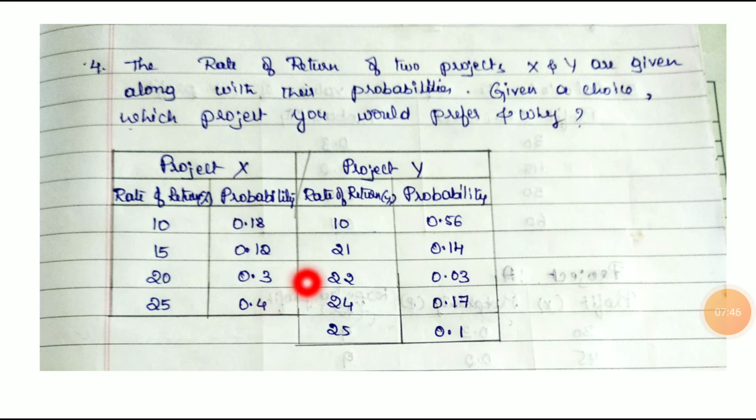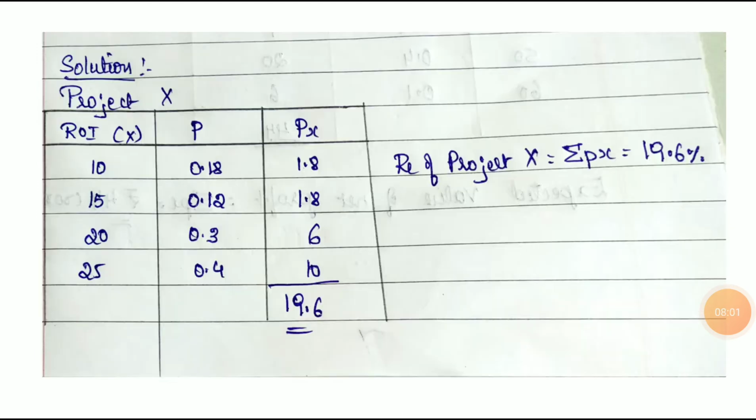Then project Y has rates of return of 10, 21, 22, 24, 25, with probabilities 0.56, 0.14, 0.03, 0.17 and 0.1.